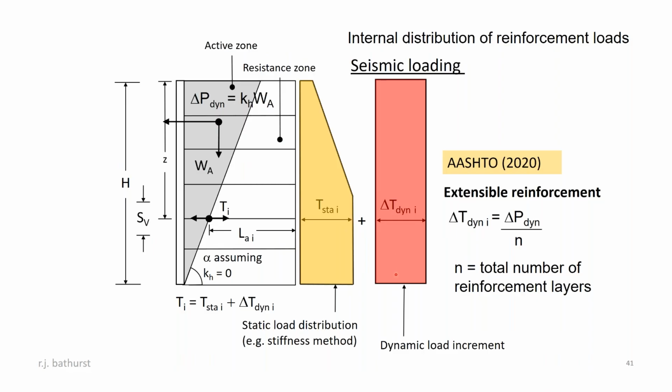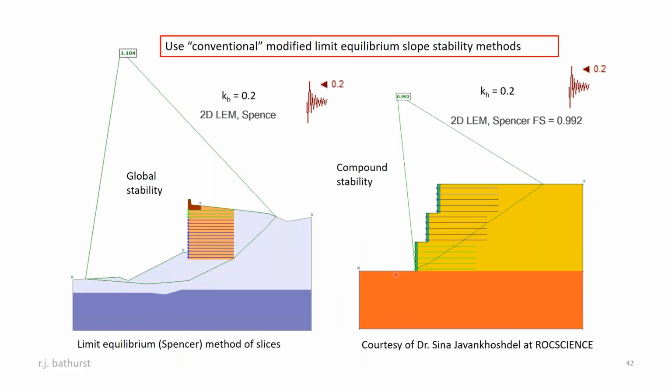We can just add those loads to each reinforcement layer. And we can also use these limit equilibrium slope stability models as, again, Slide2. So this is an alternative method of carrying out these types of calculations, which is actually more robust and gives you more flexibility to handle these types of load conditions.